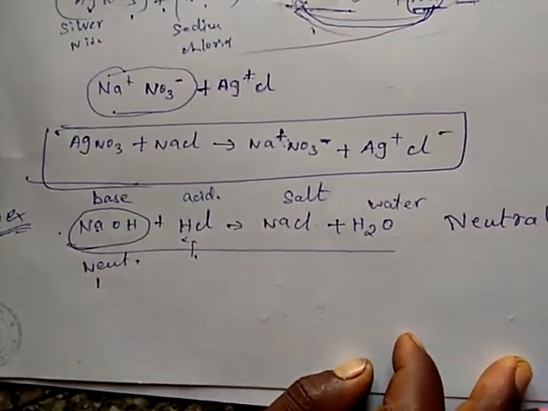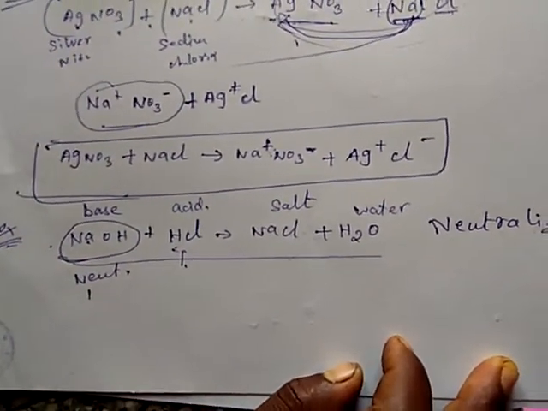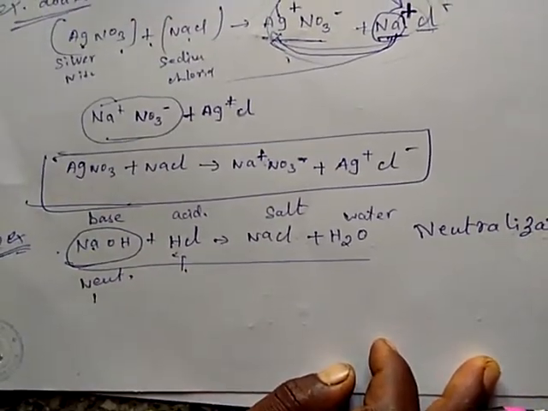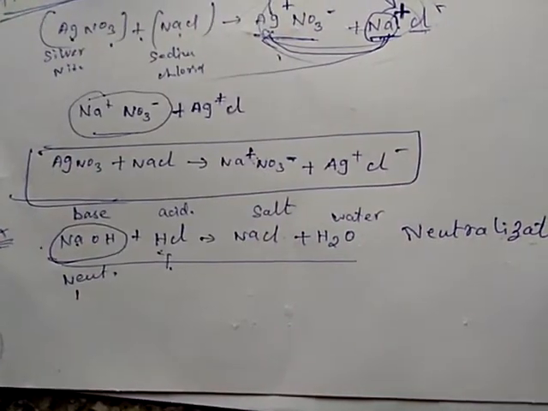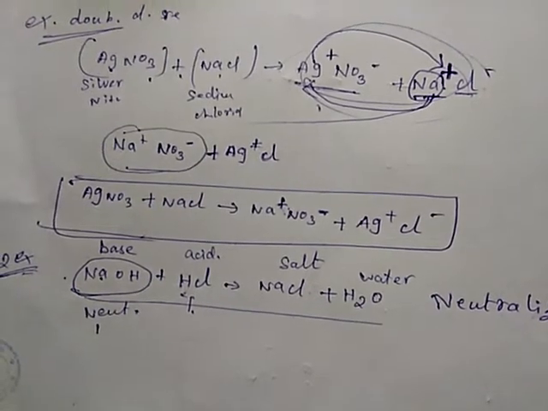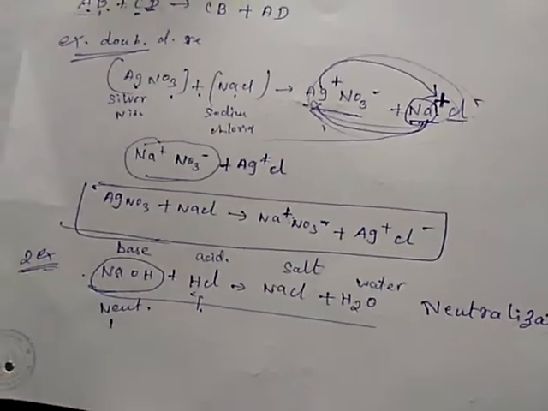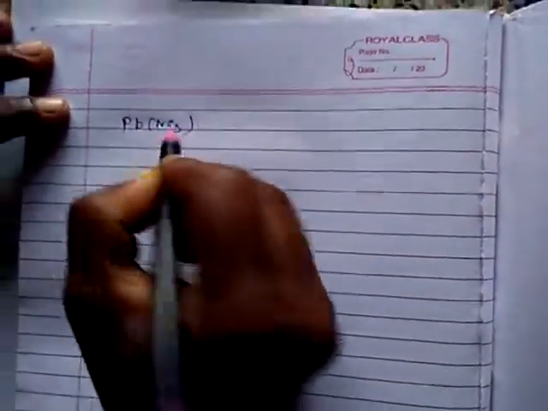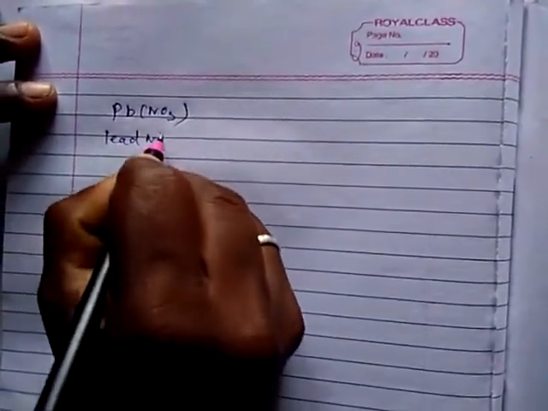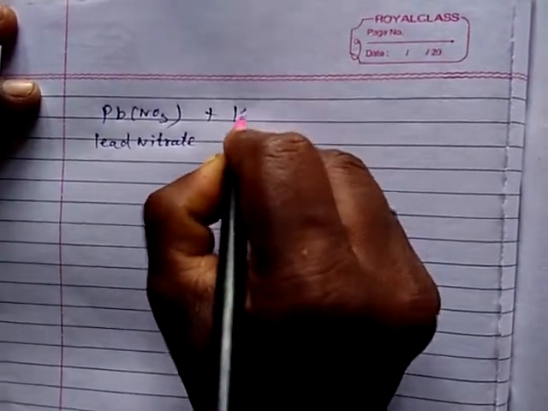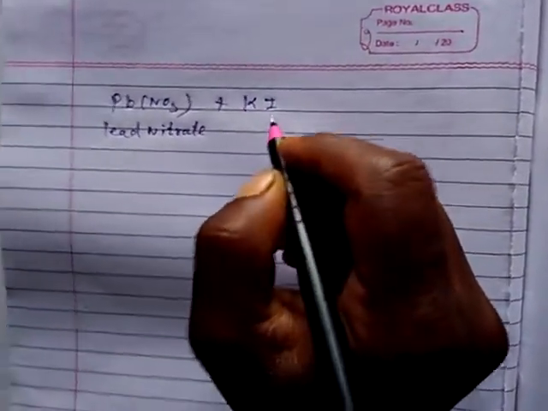Now let's try predicting our next reaction: lead nitrate and potassium iodide.